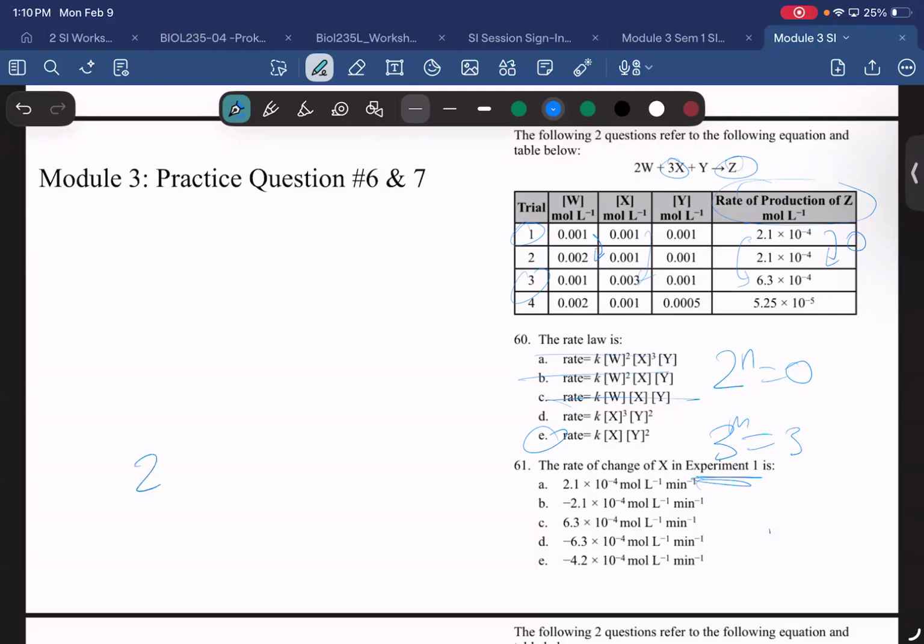So we do 2.1 times 10 to the negative 4 times 3, which gives around 6.3 times 10 to the negative 4, and it's negative because it's disappearing. So that answer choice would be D. We just use the mole ratio and figure that out.